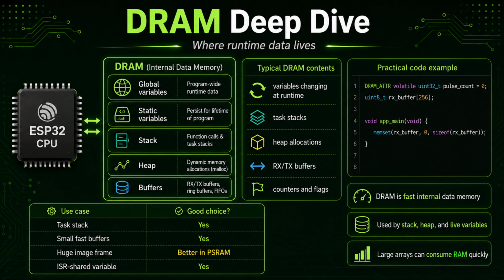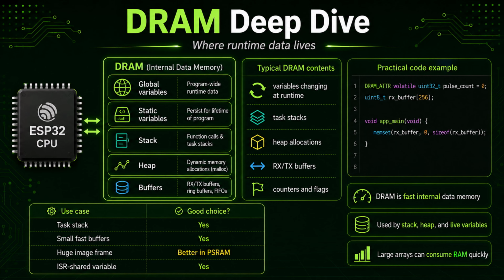Next, let's look at DRAM, or data RAM. While IRAM is primarily associated with executable instructions, DRAM is where most of the ESP32's active application data lives. For example, global variables are normally stored in DRAM when they need to be modified during runtime. Static variables can also live here.